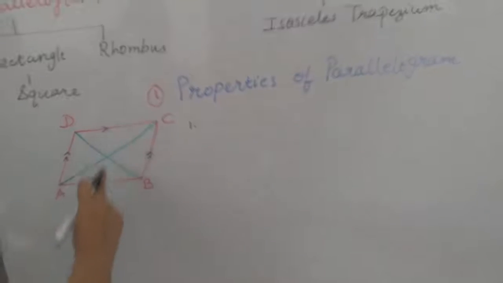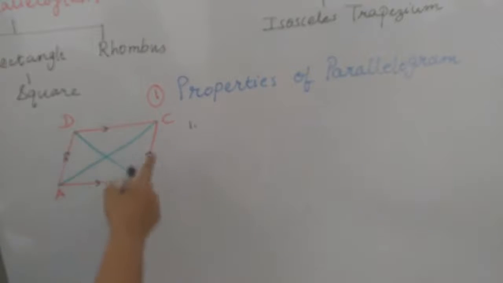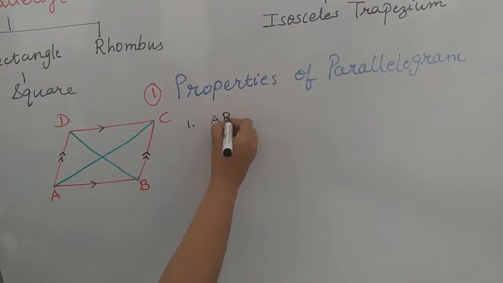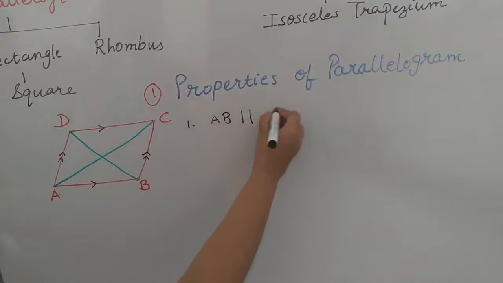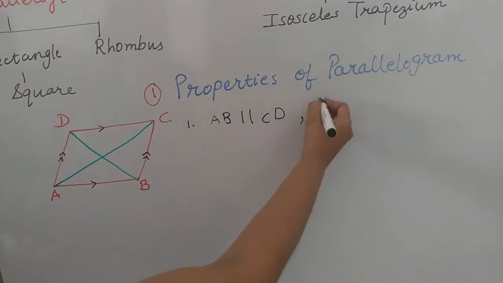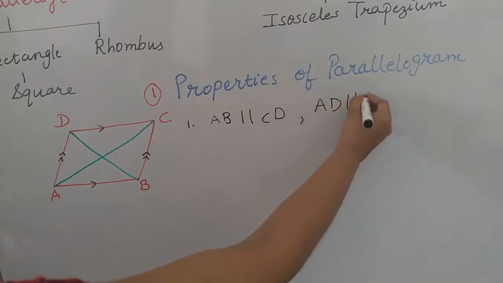Both pairs of opposite sides are parallel, so we say it is a parallelogram. First of all, I would like to write the first property: AB parallel to CD, this is the parallel symbol, and also AD parallel to BC.